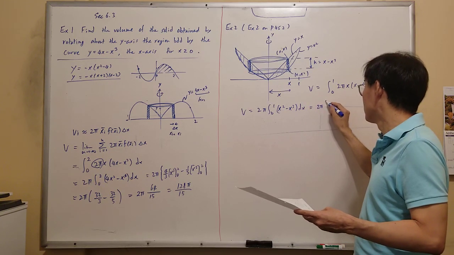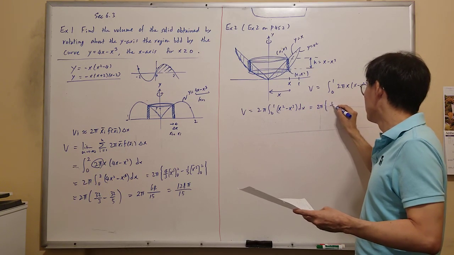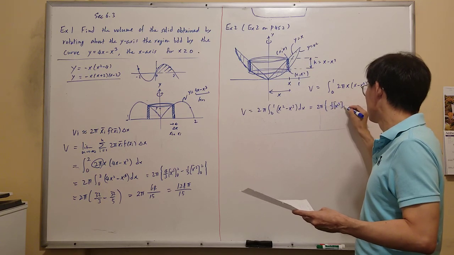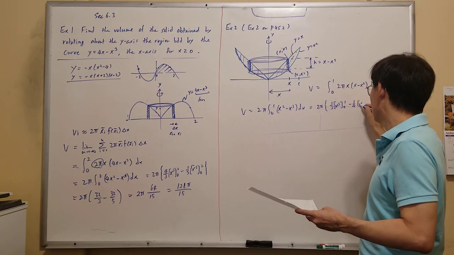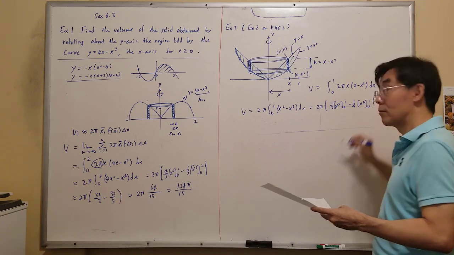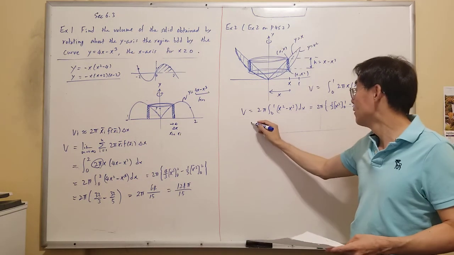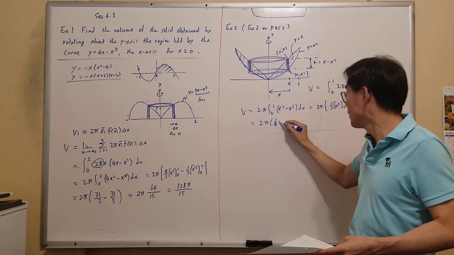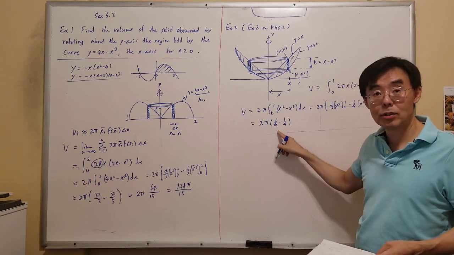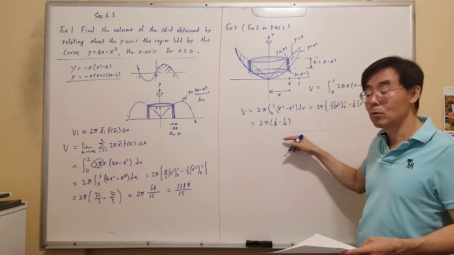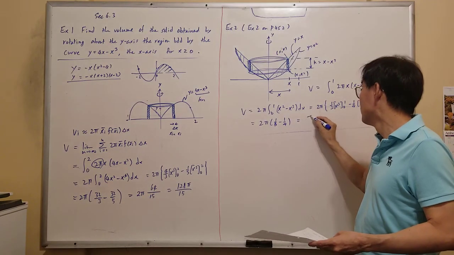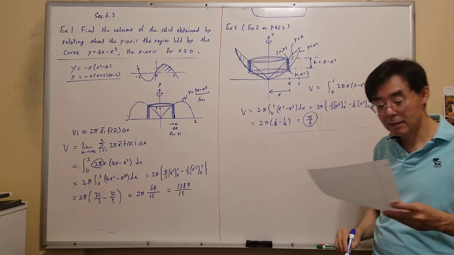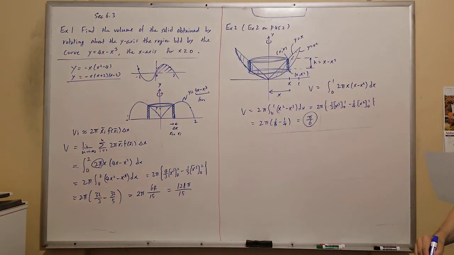Very simple integral. 1/3 of x cubed, 0 to 1, minus 1/4 x to the 4th, 0 to 1, right? So you have 2 pi times 1/3 minus 1/4, which is 4 over 12 minus 3 over 12, 1 over 12. 2 pi times 1 over 12 is pi over 6. Okay?